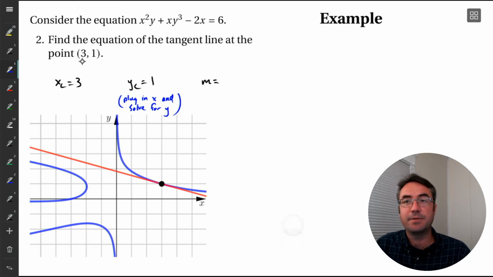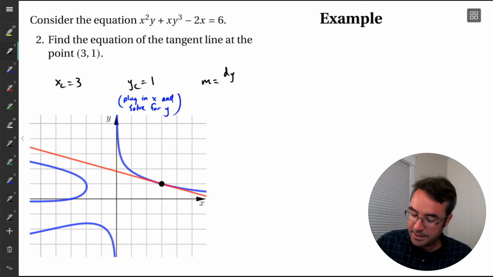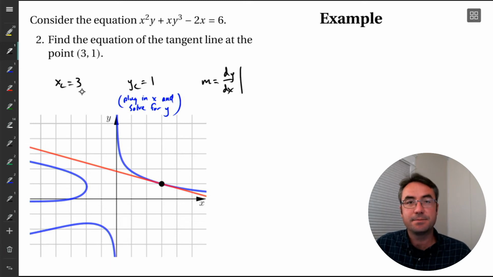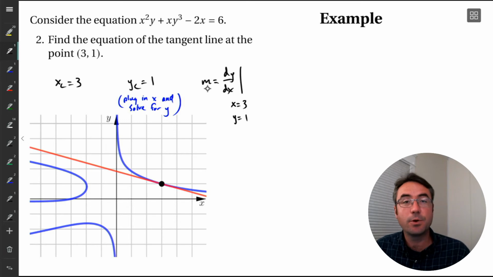But here we're given both, so that's good. How do we find the slope? Well, the slope of our tangent line is the derivative evaluated at this point. So we're going to evaluate it at x equals 3 and y equals 1, because that's the point we're interested in.